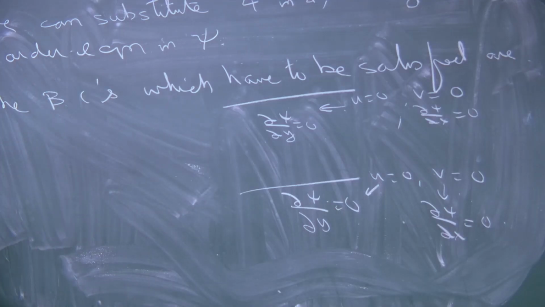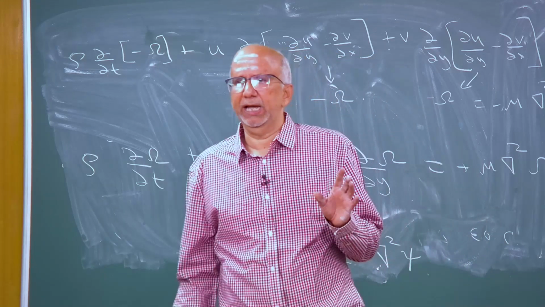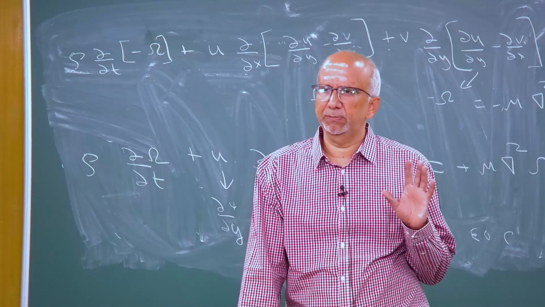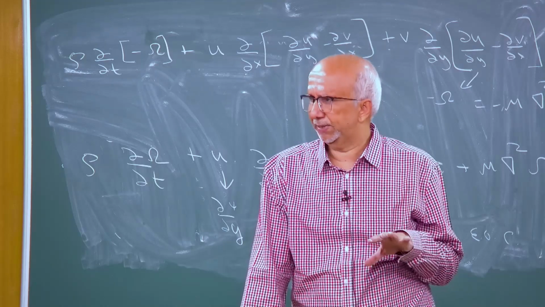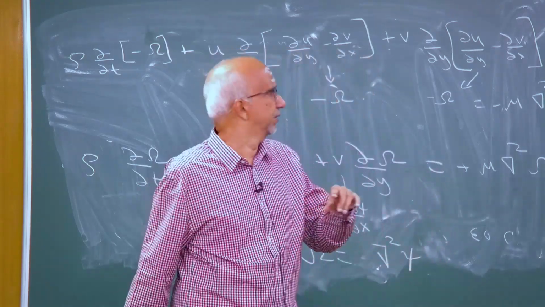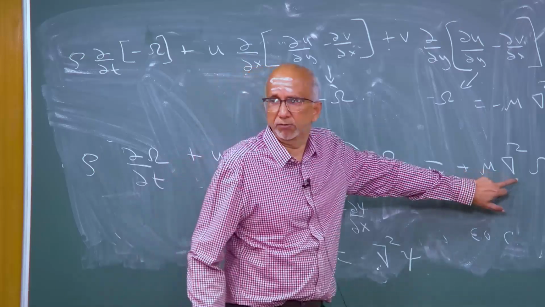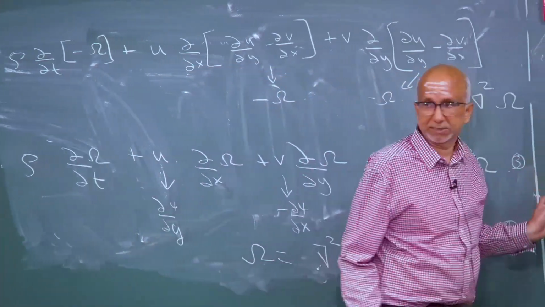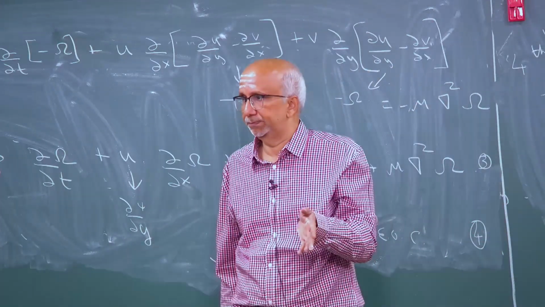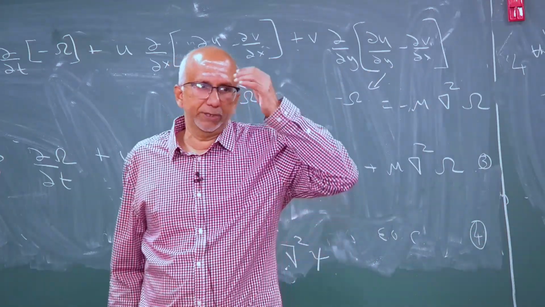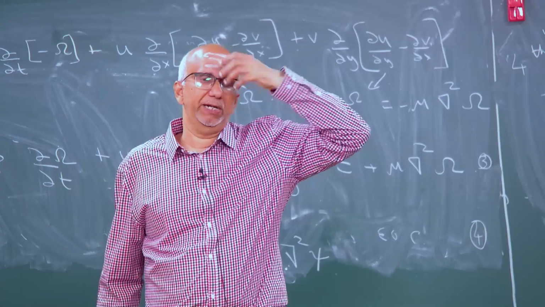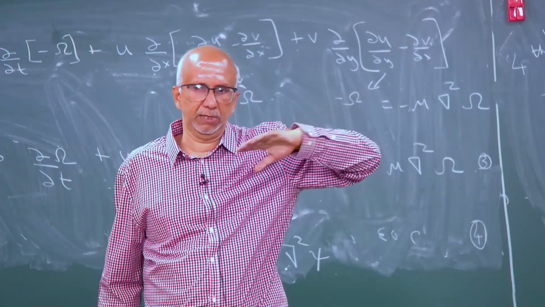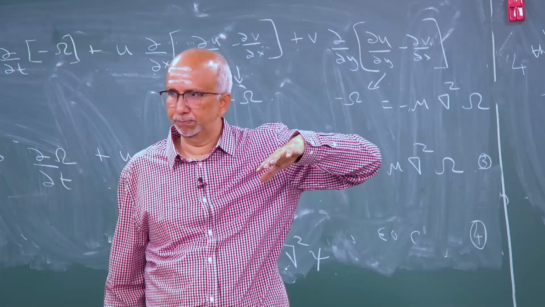The point I am trying to make here is that I am now satisfying both the no slip and the no penetration boundary condition, because this equation is going to be fourth order in psi when I substitute for omega in terms of psi. So there is no singularity, no business of letting go of one of the boundary conditions. Here I am solving the full problem.